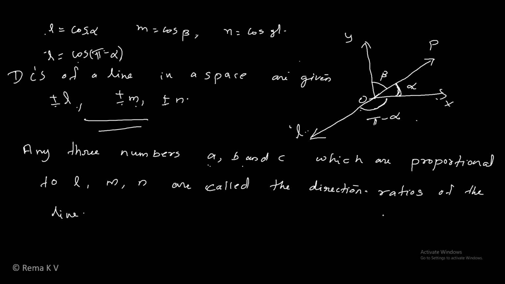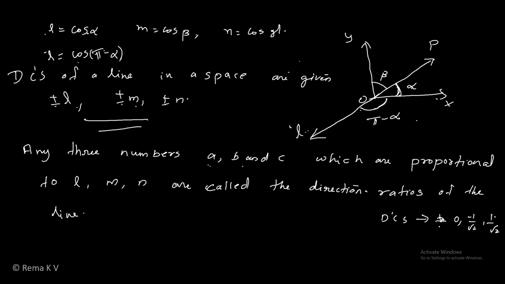See, let us consider the direction cosines of a line as 0, minus 1 by root 2, 1 by root 2.